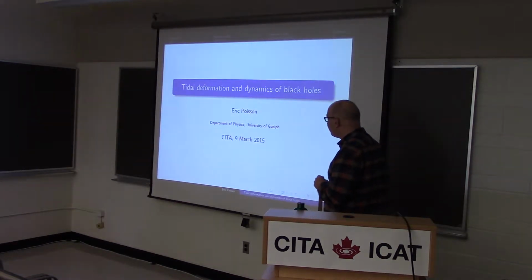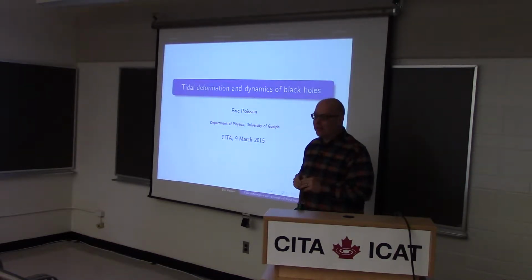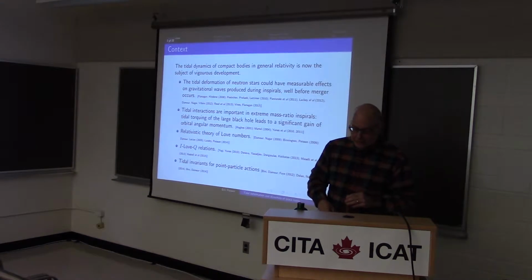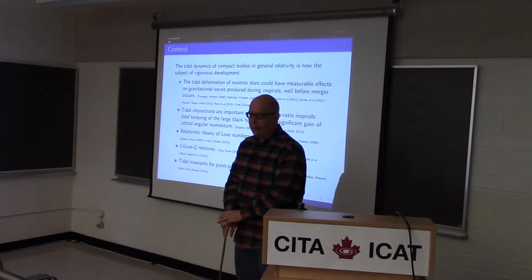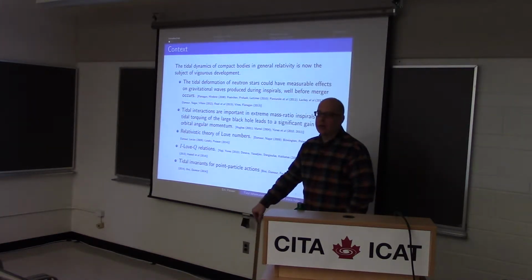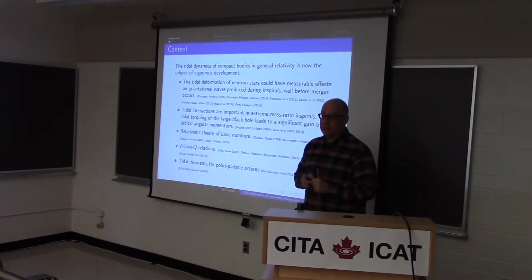It's been really fun. I want to talk about tidal dynamics and tidal deformations of compact bodies, focusing on black holes mostly. Let me give you a little bit of the context for this, and then I'll get on with the work itself. There's been quite a bit of work recently on tidal deformations and the tidal dynamics that takes place when you have compact binary systems involving neutron stars, for example.